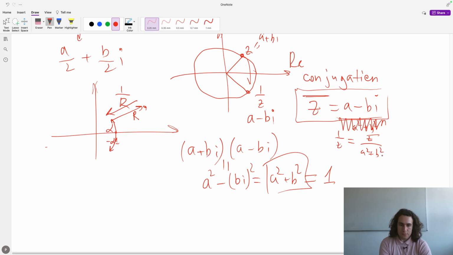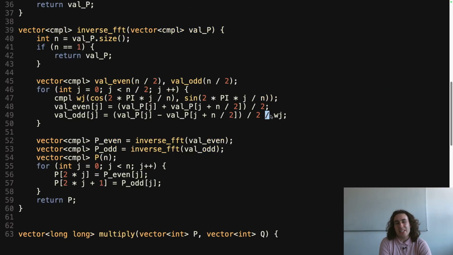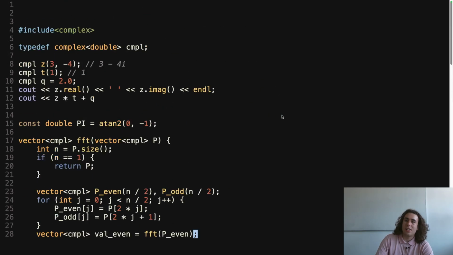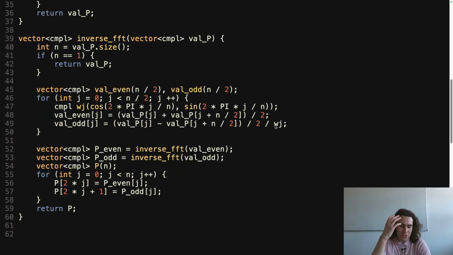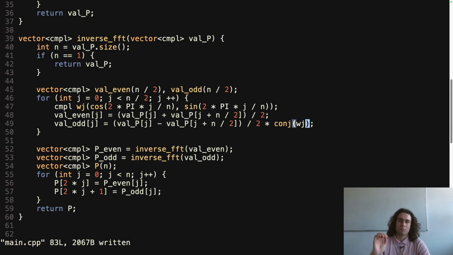Good. So now you understand if you needed to implement this. Now we just have this conjugate, and it also exists in C++, right? Instead of dividing, you can just multiply by the conjugate of wj. Great. Do we have any questions about the basic implementation of FFT?